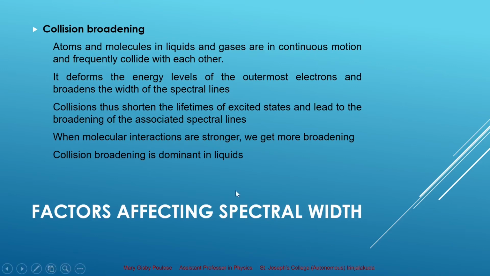Thus, we say that the collisions shorten the lifetime of the excited states and then lead to the broadening of the associated spectral line. Now, when the molecular interactions are stronger, we get more broadening. That is why collision broadening is dominant in liquids.